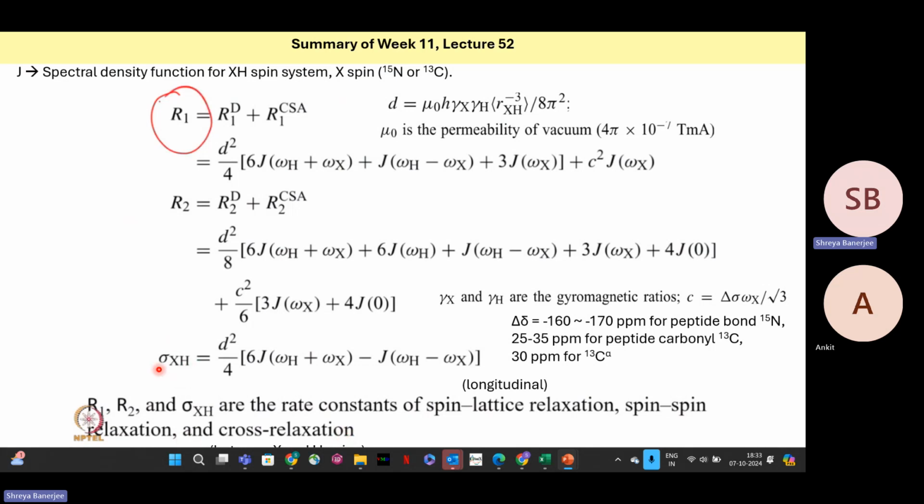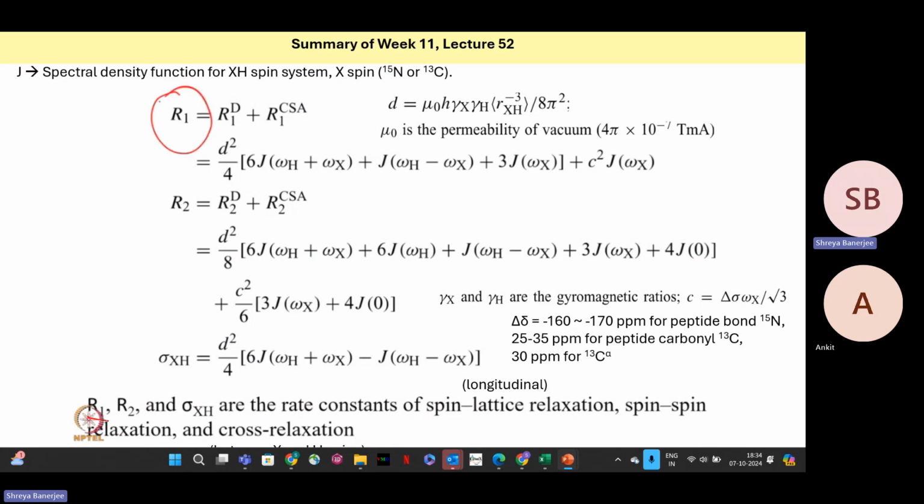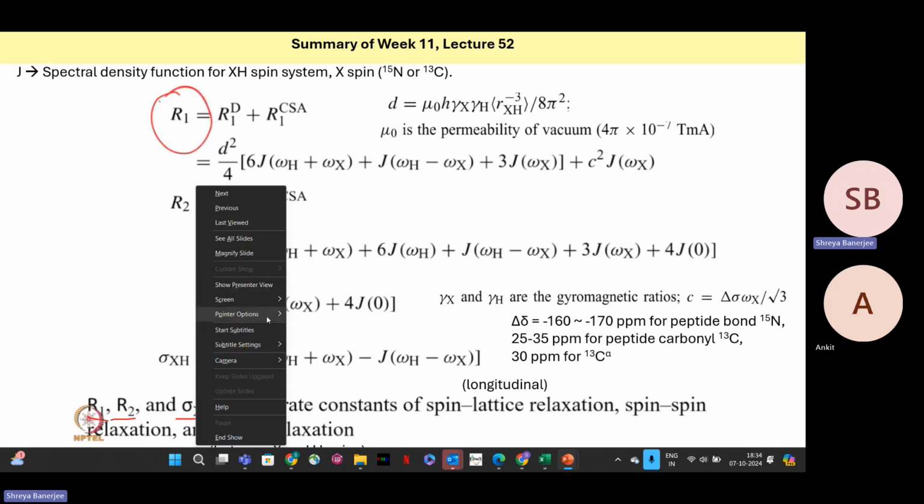And there is something called sigma xh, which is the cross relaxation. So suppose you have two spins near each other, then what is the relaxation between those two spins? So these are the three major things. Another is the NOE, which we will look at after some time.